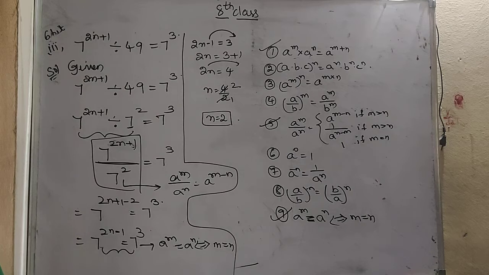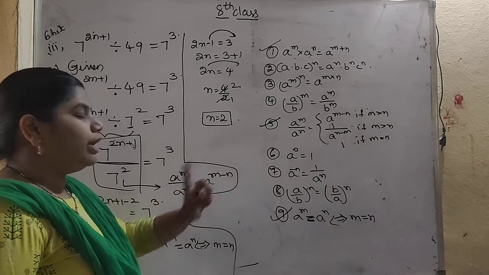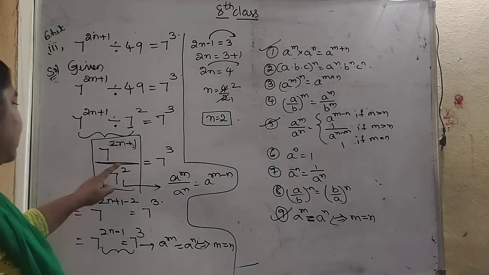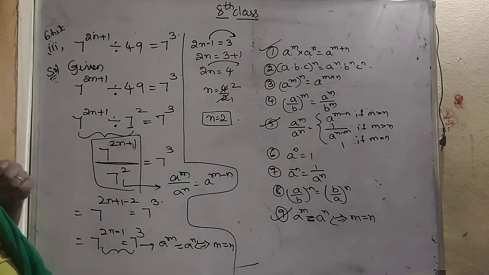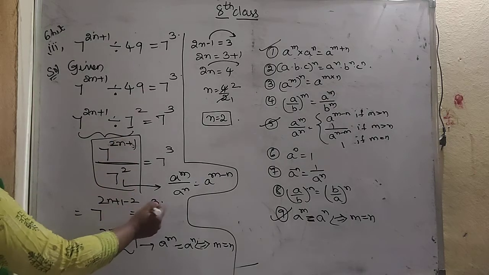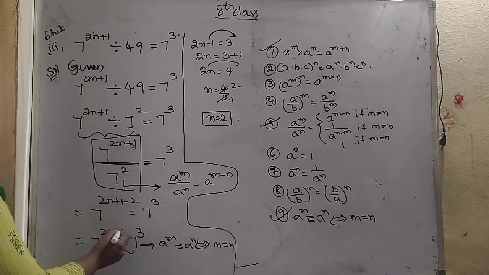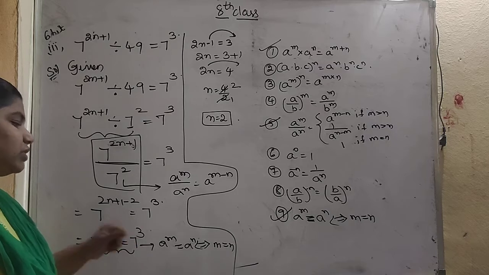I have taken the first condition, that is, a power m by a power n is equal to a power m minus n. That means we have to subtract the powers here. So 7 power 2n plus 1 minus 2 is equal to 7 cube. Plus 1 minus 2 will be minus 1. So the condition is 7 power 2n minus 1 is equal to 7 cube.